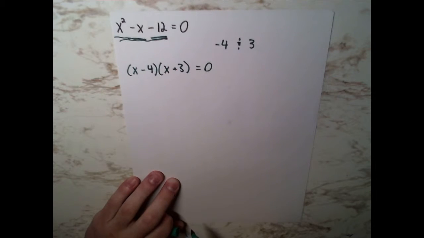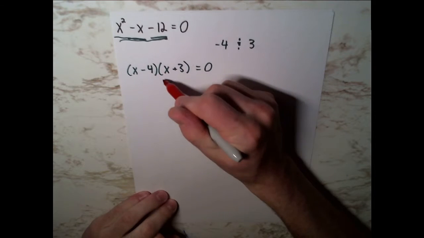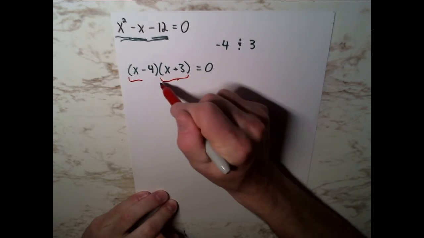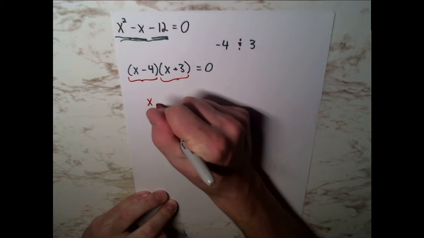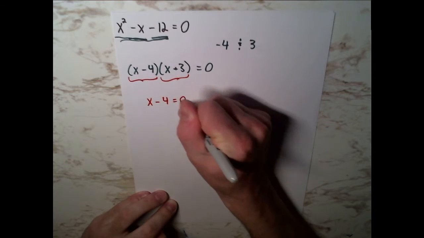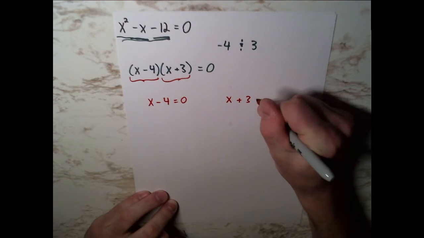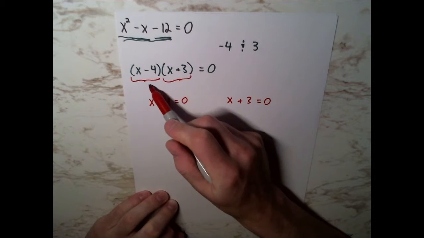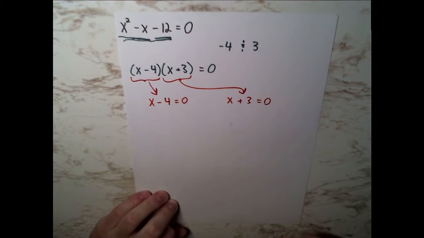Now our last step is to take each one of these factors that's left over, this factor here and this factor here, and set them equal to 0 individually. So x minus 4 equals 0, and x plus 3 equals 0. I just took this factor and set it equal to 0, and I took this factor and set it equal to 0. Then we're going to solve both of these separately.